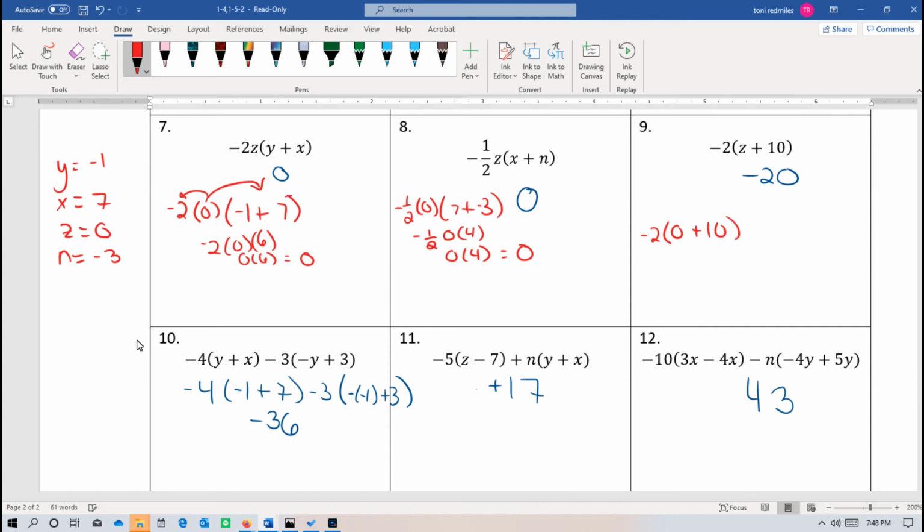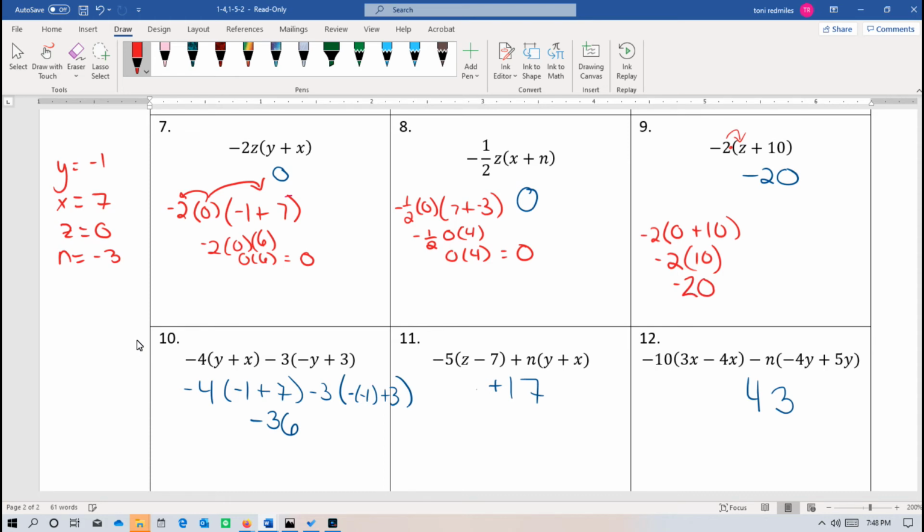The last one was the rule of zeros of multiplication, but this one's the identity rule of addition, which says anything added to 0 is just the other number. Got to keep that number in parentheses, though, because it also means multiplication. The relationship between the -2 and the parentheses means multiplication. So this is going to be a -20.